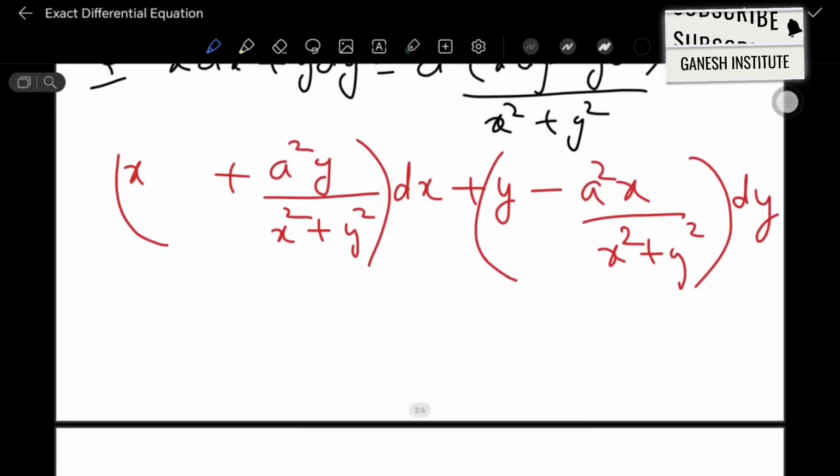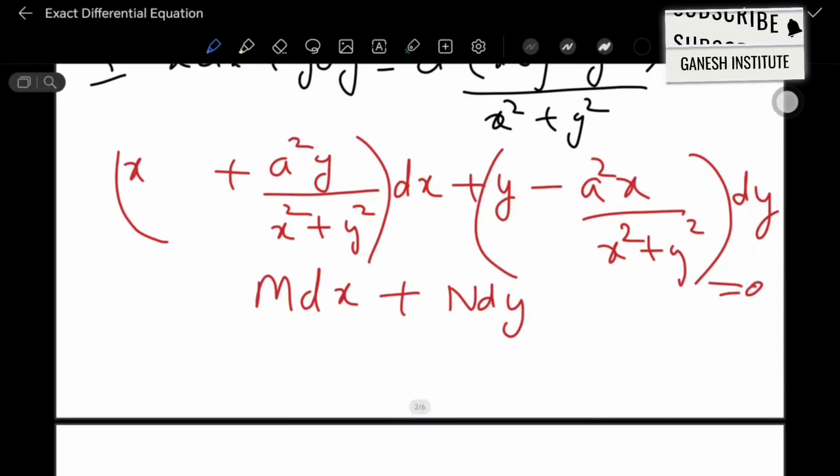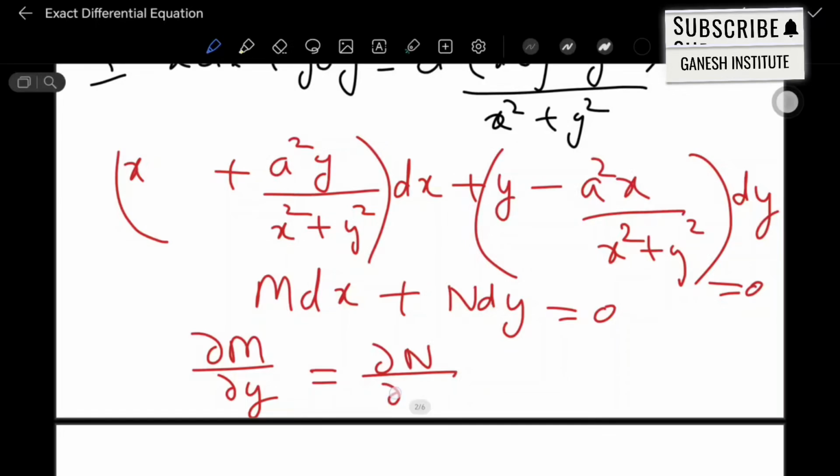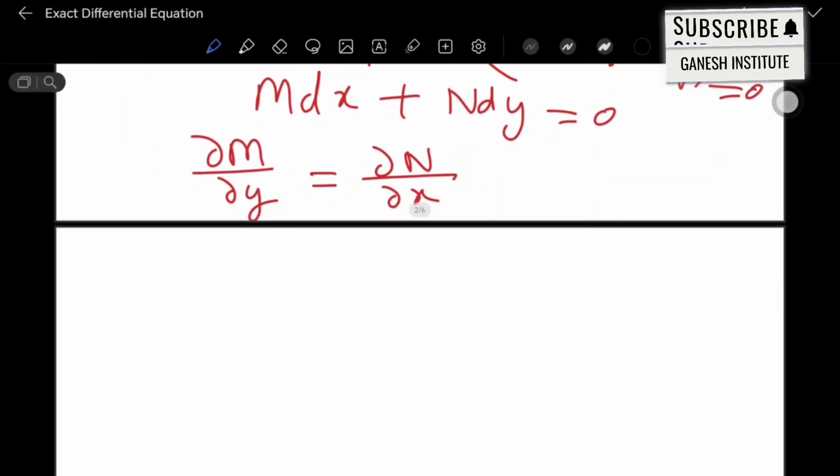I can see that it is forming that particular type M dx plus N dy equals 0. But still I cannot say that it is exact until I find out that partial differentiation of M with respect to y is equal to partial differentiation of N with respect to x.